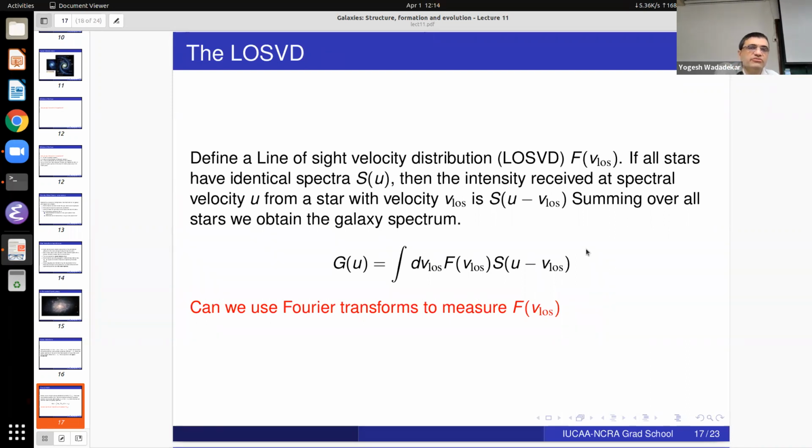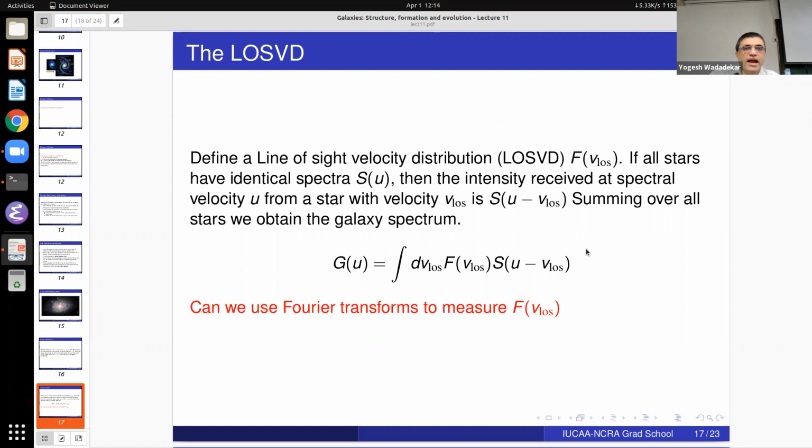So if you take the Fourier transform of both sides, then this G(u) is something that you can measure with the Doppler broadened spectrum, and S(u minus V_LOS) is the spectrum of the star.